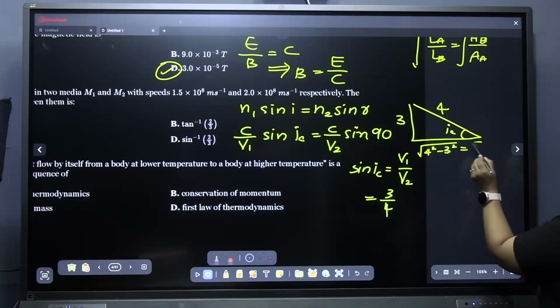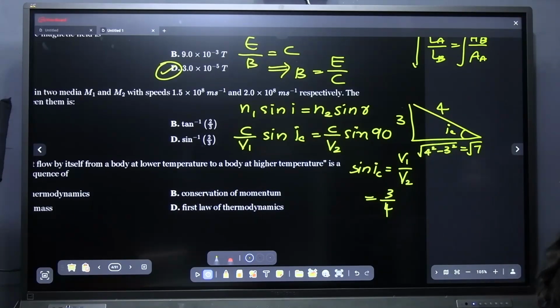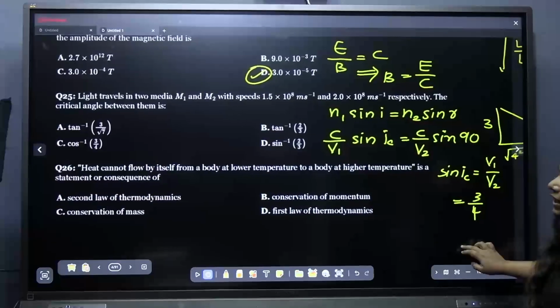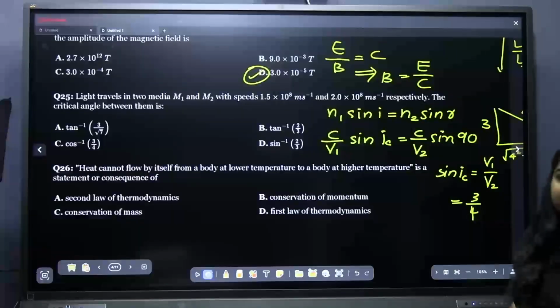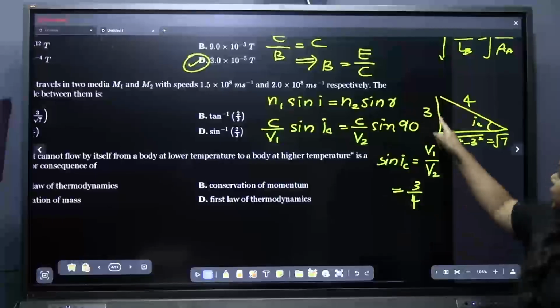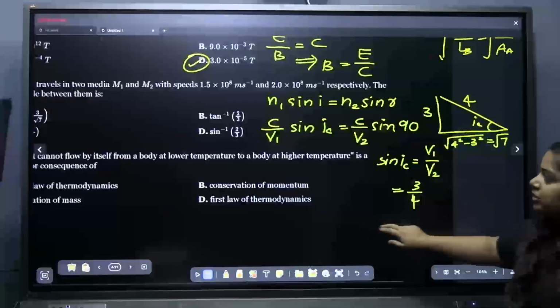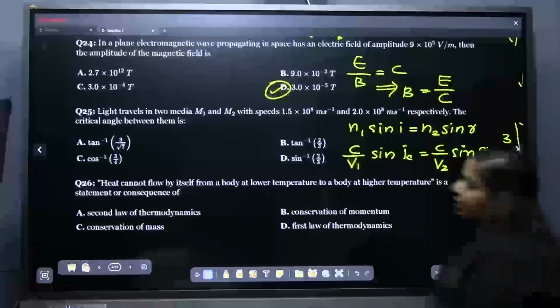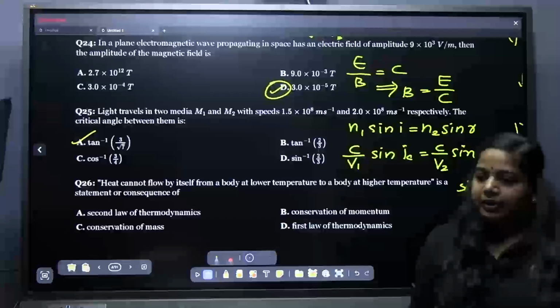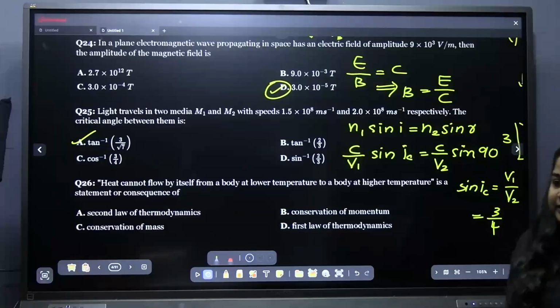You will get it as root 7. Now see, you have option A, that is tan inverse 3 by root 7. That is opposite by adjacent. See, opposite is 3, adjacent is root 7. So in that way, option A will be the answer. Okay, did everybody understand that?